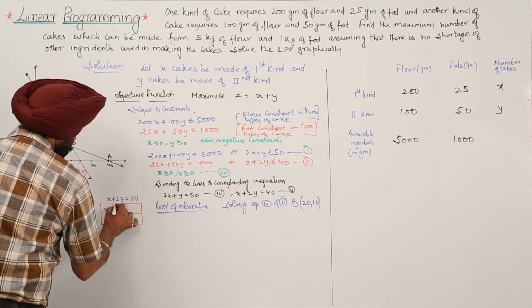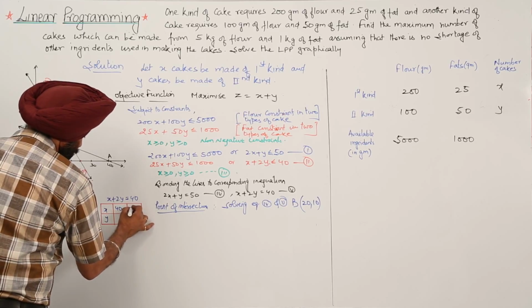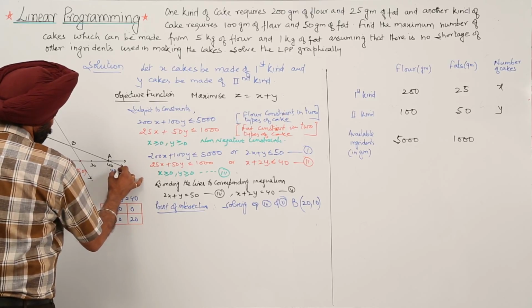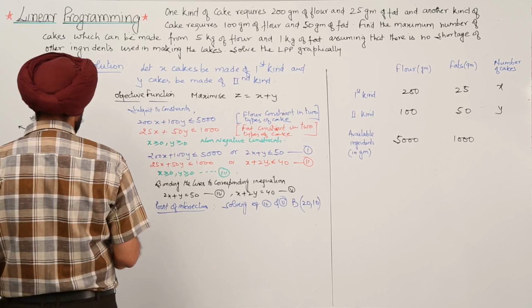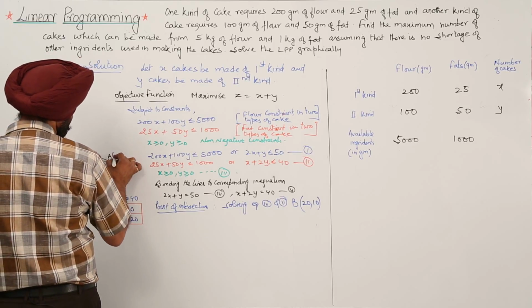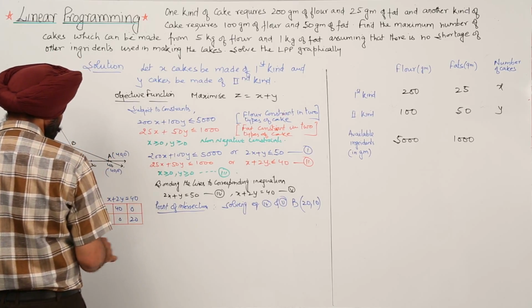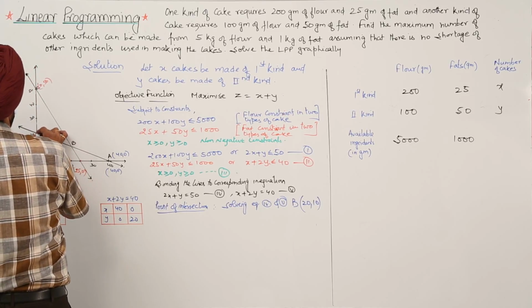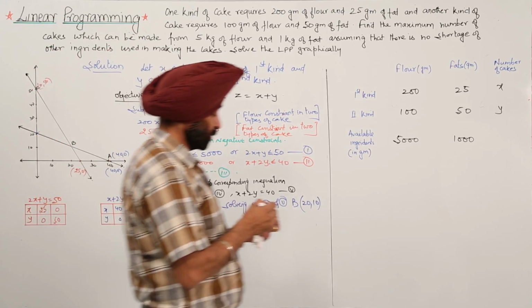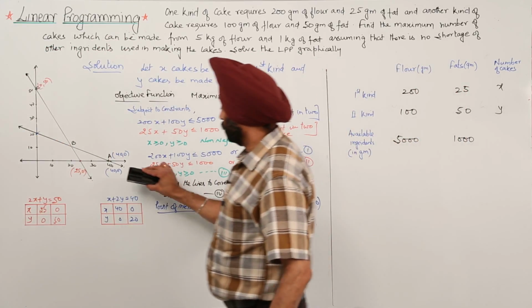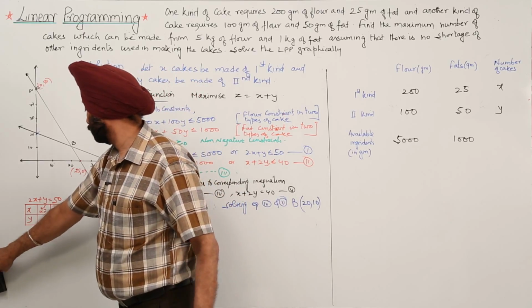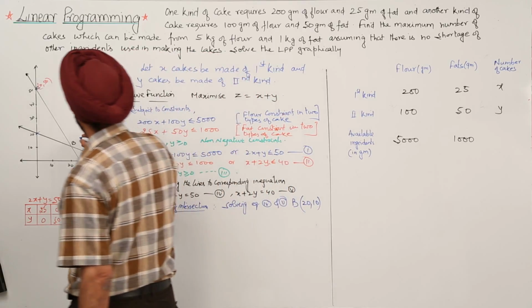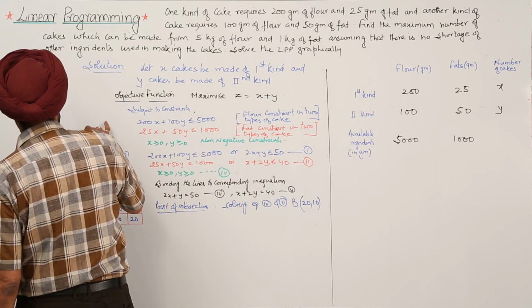When y is 0, x is 40, and when x is 0, y is 20. So we have point A, 40 comma 0, and 0 comma 20. The point of intersection, that is B, is 20 comma 10.